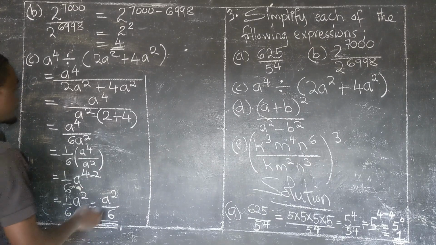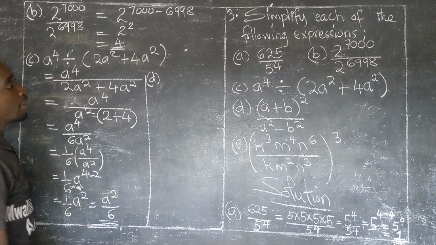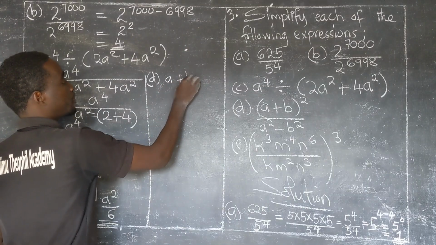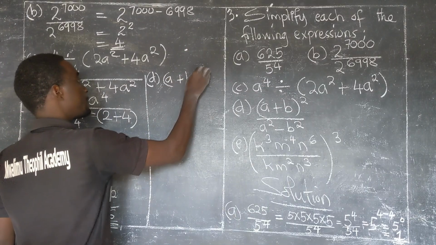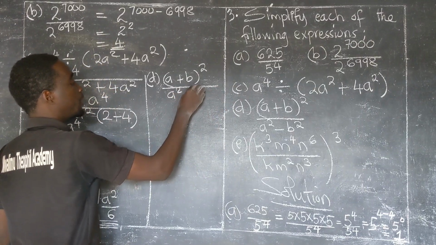After that, let us see part D. In D, we are given a plus b squared over a squared minus b squared.